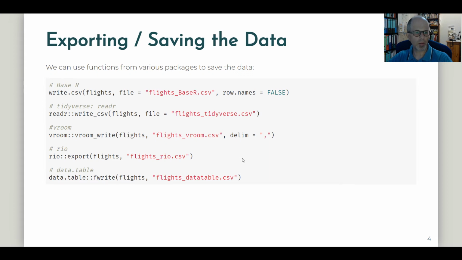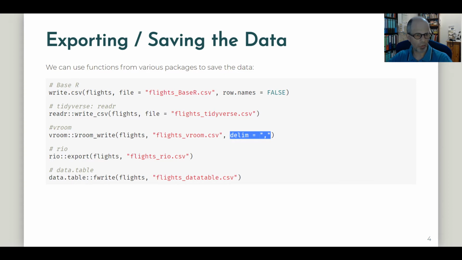Right, so these are the packages we want to compare. And here are some functions that we can use to export the data and write them to disk in a CSV file format. Note that base R by default writes row names to disk. I disabled this here. The other packages don't do that. And also for the vroom package, I specified the delim parameter. Apart from that, we have dedicated functions for the CSV file format in base R and readr.